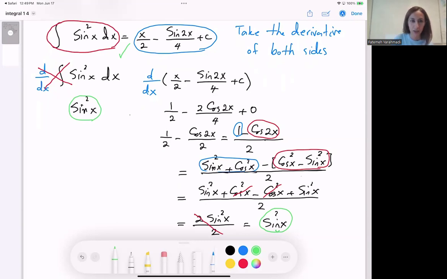Sometimes students use this as a shortcut formula. But on the exam, if somebody asks you, hey, verify that this integral is equal to x divided by 2 minus sine 2x divided by 4, you either have to take this integral or take the derivative of both sides and show that the left-hand side is equal to the right-hand side.